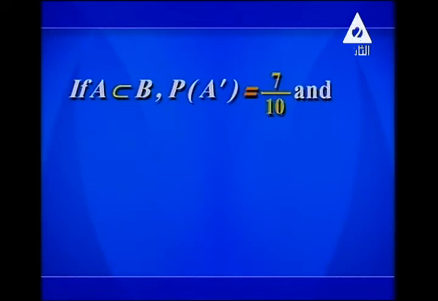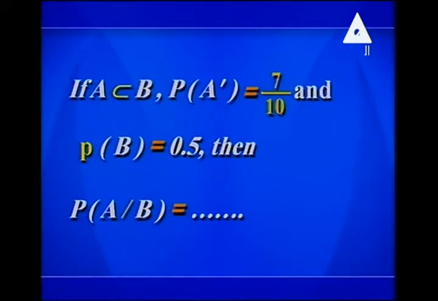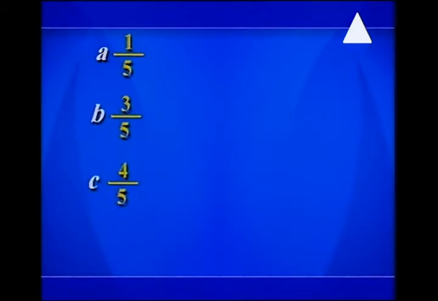If A is a subset of B, and the probability of the complement of A equals 7/10, and the probability of event B equals 0.5, then the required is to find the probability of A given B. We have 4 choices: A 1/5, B 3/5, C 4/5, D 3/20. What is the correct answer? Number B.